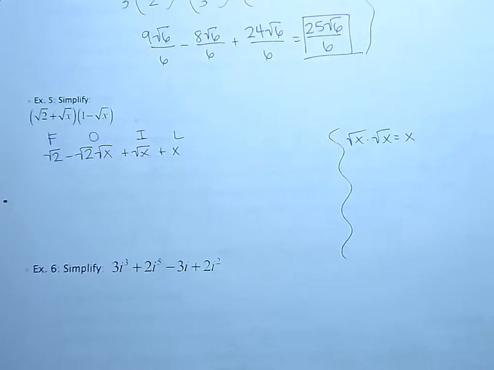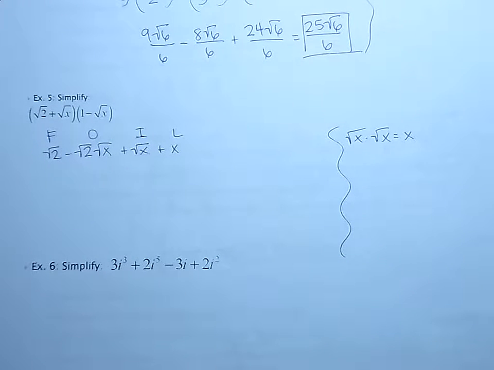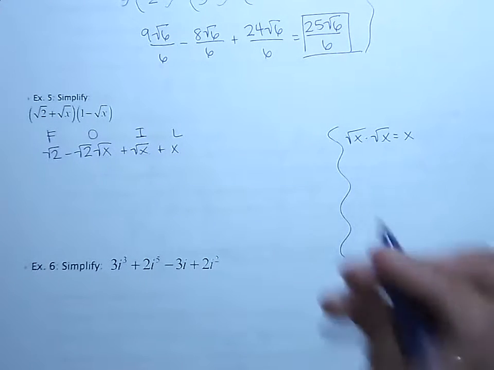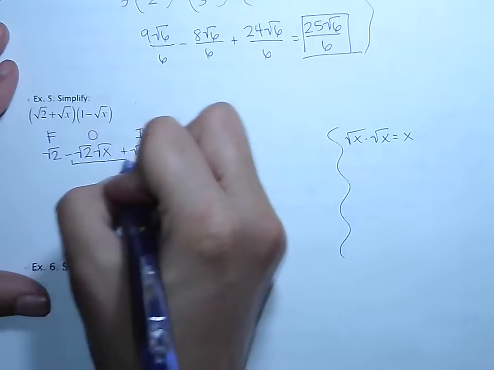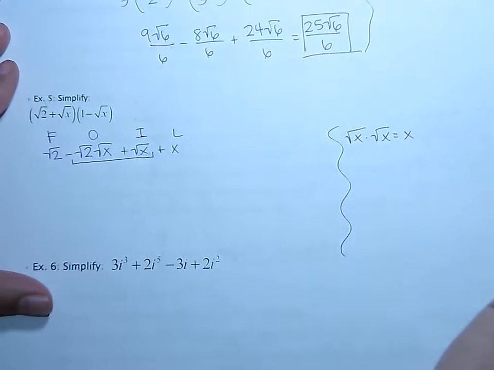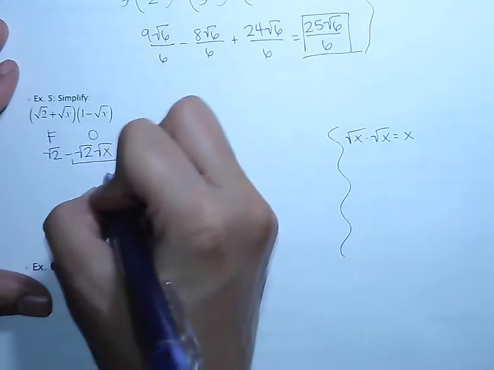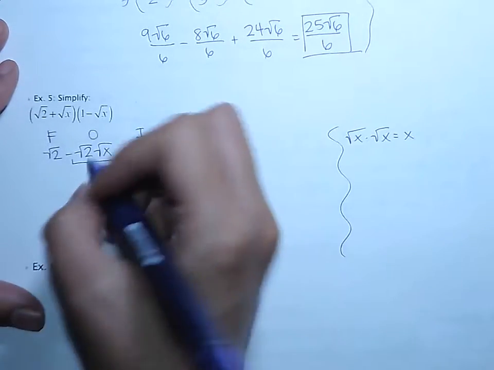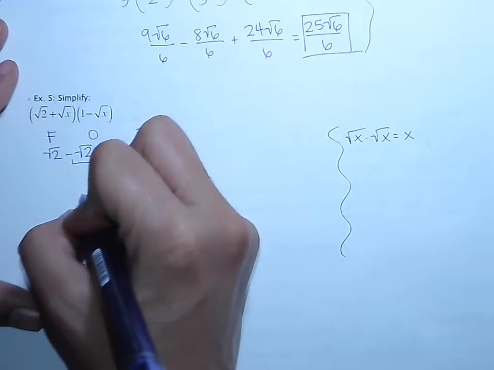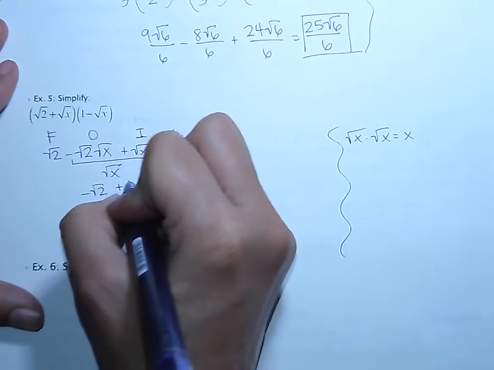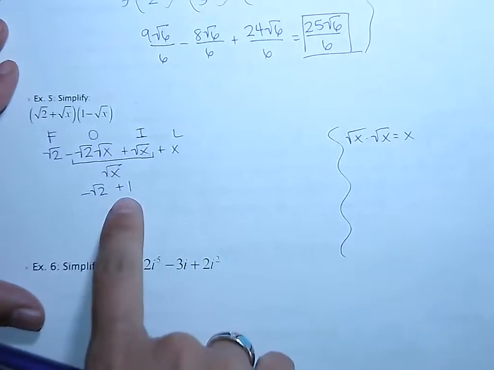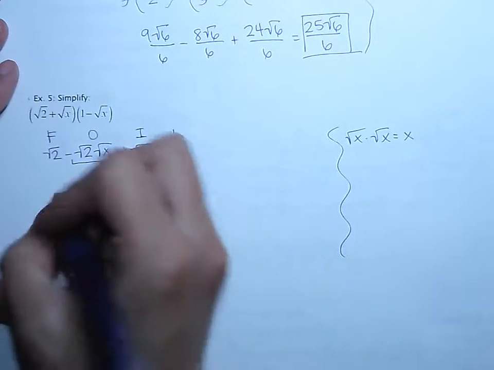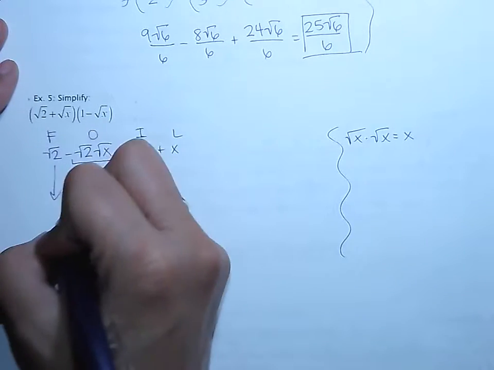Square root of x times square root of x is just x. That's my last term. Now, I could be done, but I could also factor out a GCF between these 2 terms. Both of these have a square root of x. If I factor it out here, I'm left with negative root 2 and a positive 1. Well, I'd rather have the positive in front, so I'm going to keep this term because we didn't change it.